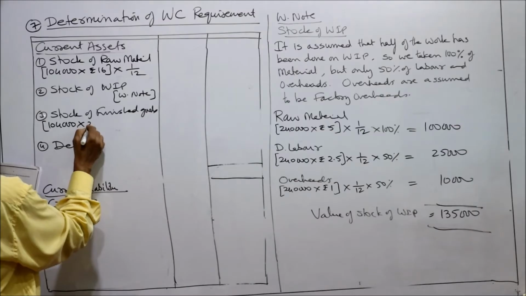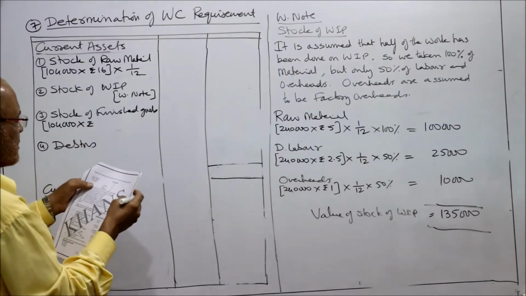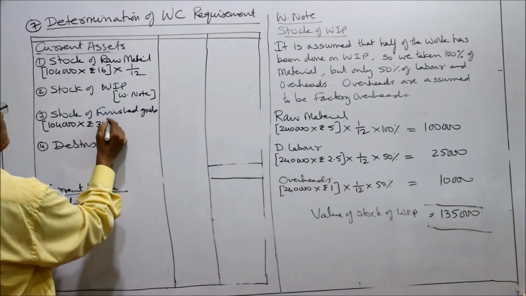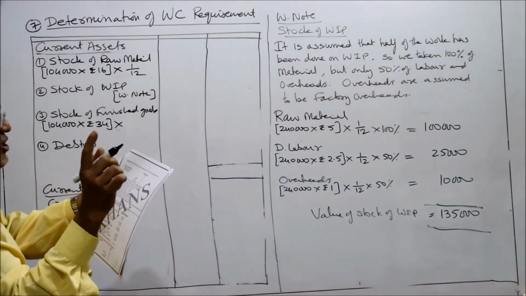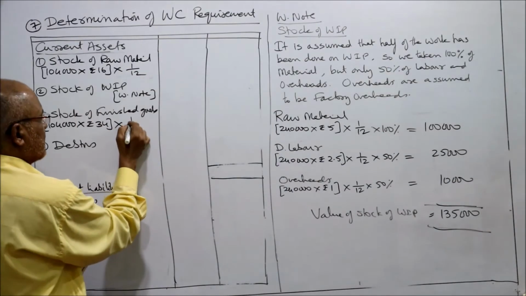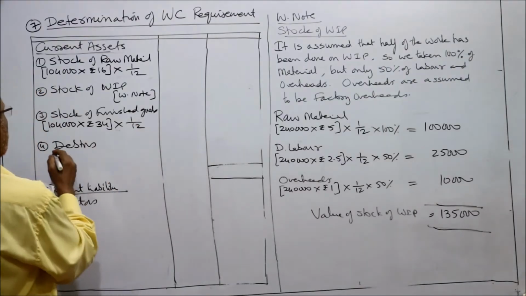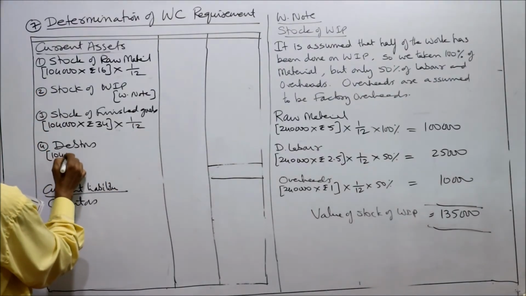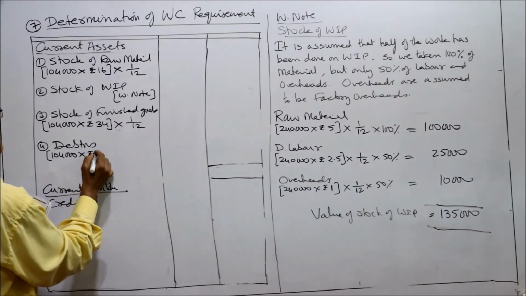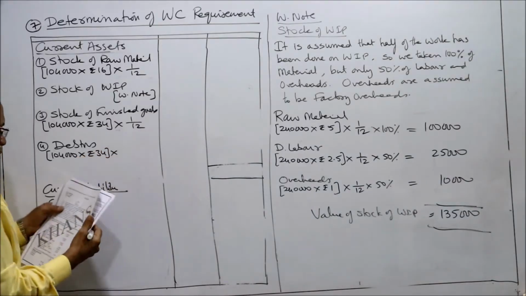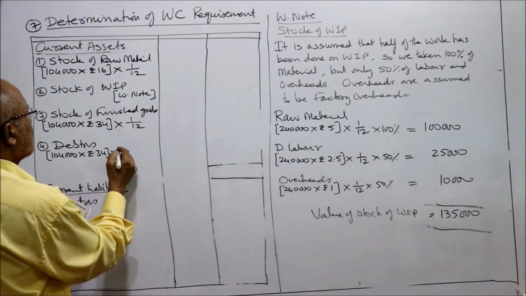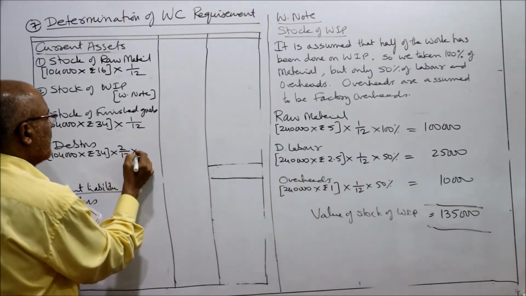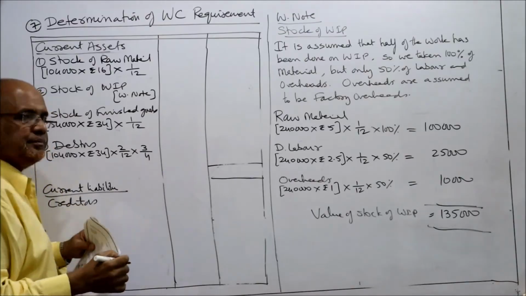1,04,000 units into rupees, what is the total cost? 34. Into what is the duration of finished goods? Finished goods are in stock on an average 1 month. Debtors: 1,04,000 units into rupees 34 into the credit period allowed to debtors is 2 months into 3/4.